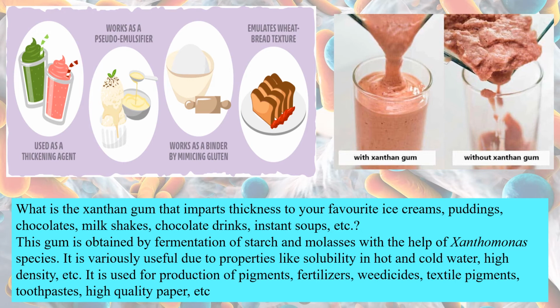High density, etc. It is used for production of pigments, fertilizers, weedicides, textile pigments, toothpaste, and high quality paper as well. Okay, so I hope this much is clear. How xanthan gum imparts thickness to your favorite ice creams and milkshakes, and how it is also useful in the production of pigments, fertilizers, paper, toothpaste, etc.